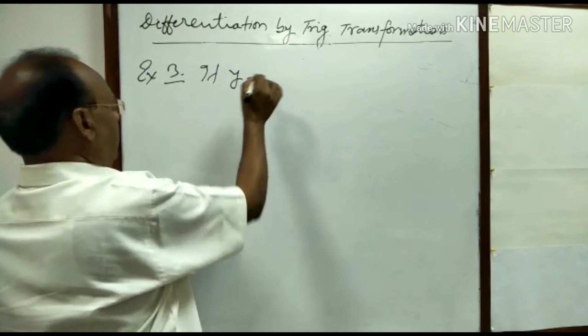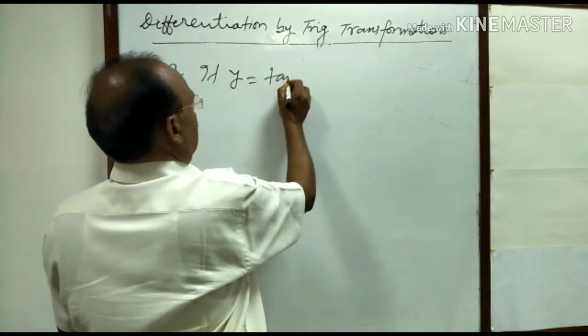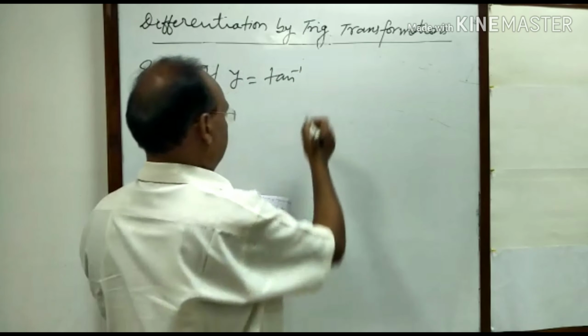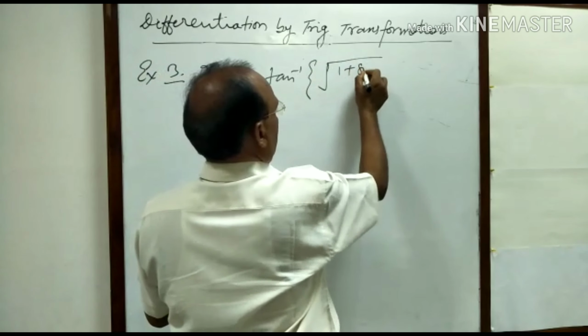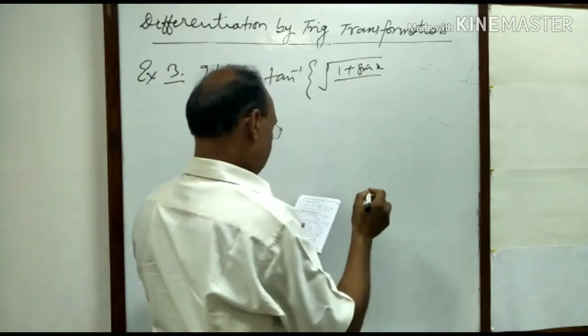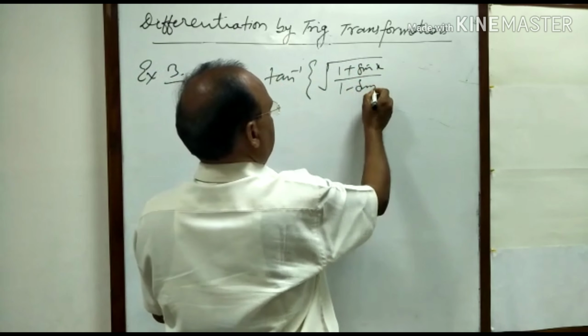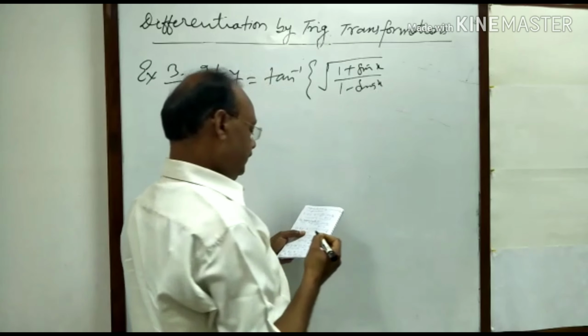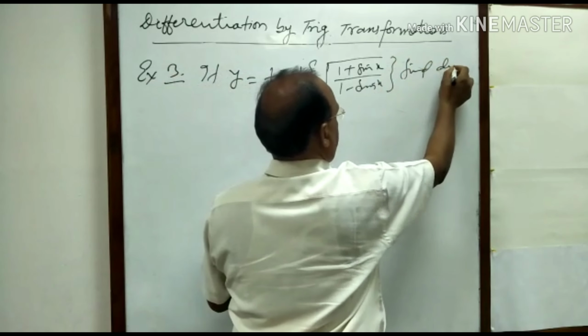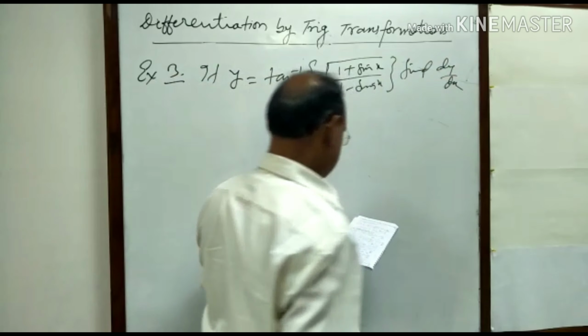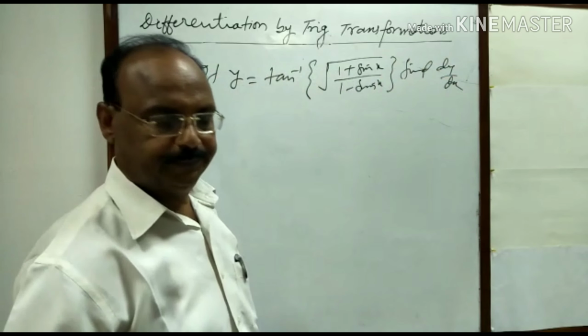If y is equal to tan inverse root over (1 plus sin x) upon (1 minus sin x), find derivative of y with respect to x.